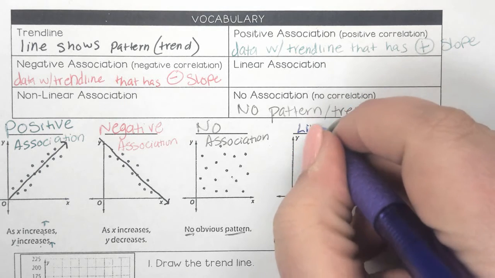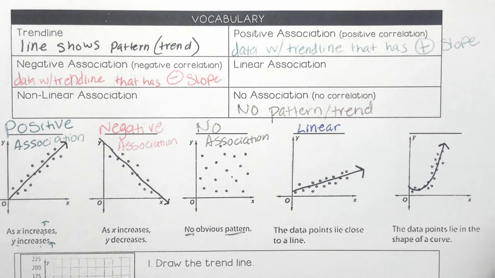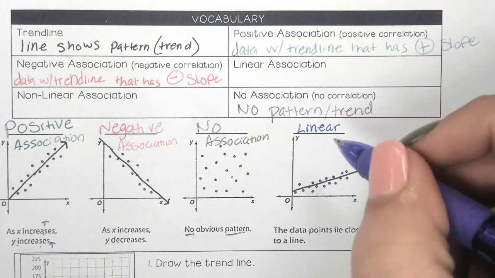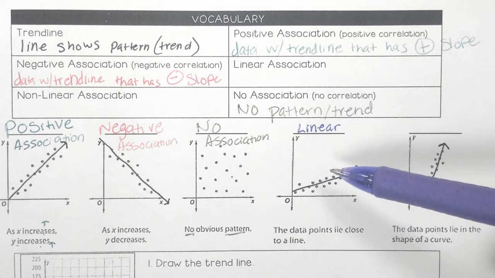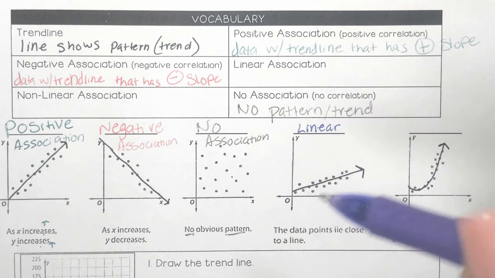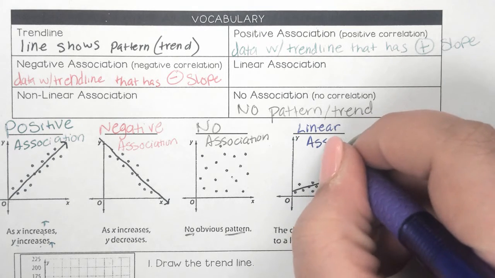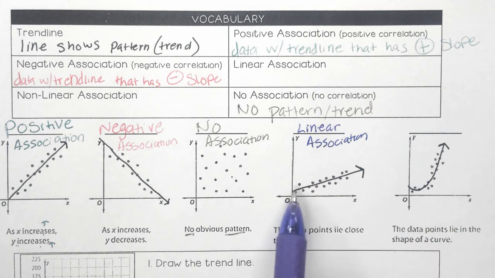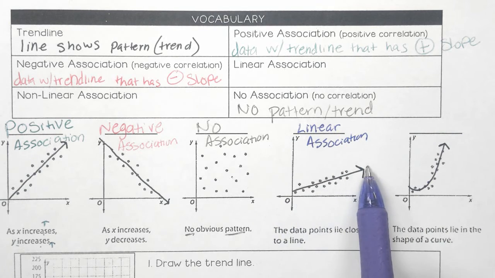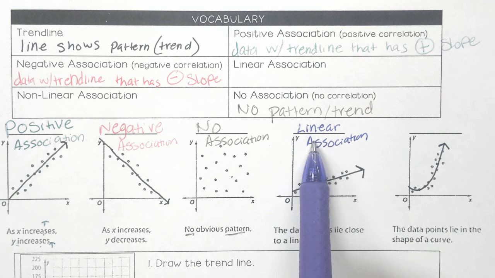We know that straight lines, as long as they have a defined slope, are linear. Since I can describe association based on whatever the trend line tells me, I could say that this has a linear association. I would say more accurately then, this has a linear association because the slope is positive. This is a linear association with a positive correlation.